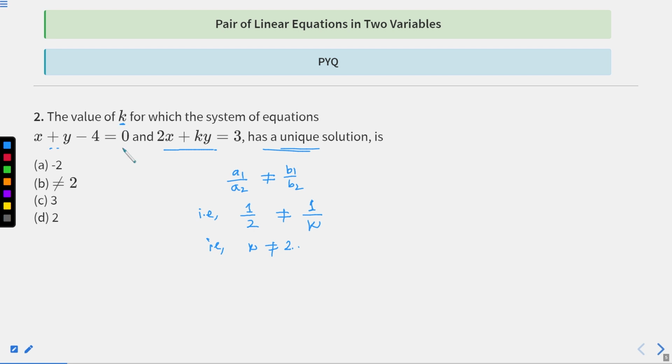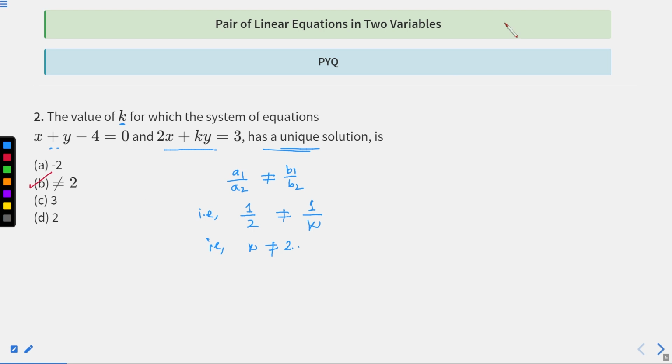So the value of k does not equal 2 for which the system x plus y minus 4 equal to 0 and 2x plus ky equal to 3 has a unique solution. For this question, option B is the correct answer.